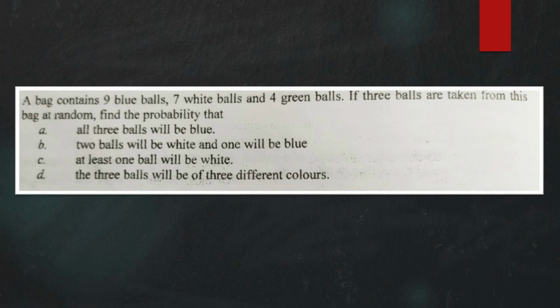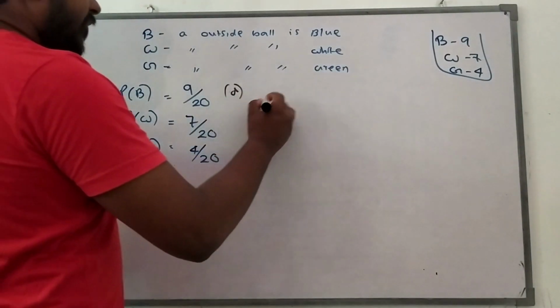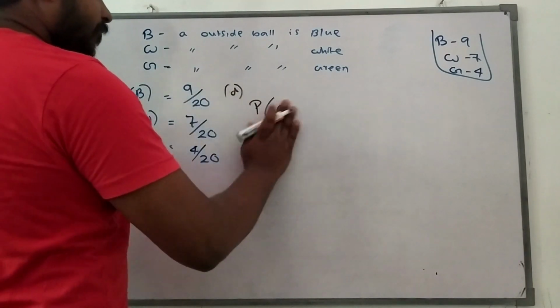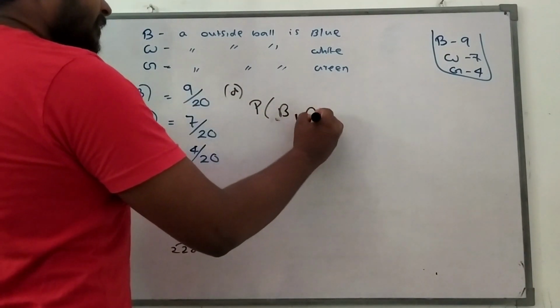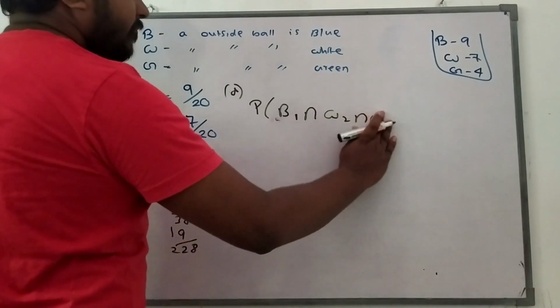Okay, let's move to the next sum, the next part of this question. The three balls will be of three different colors. Three different colors means the first selection will be white or blue, and the second selection is white, and the third one should be not white, it's green.